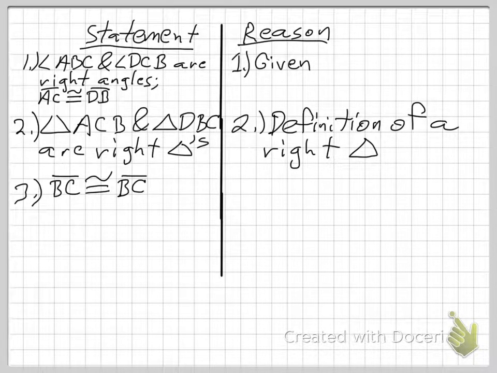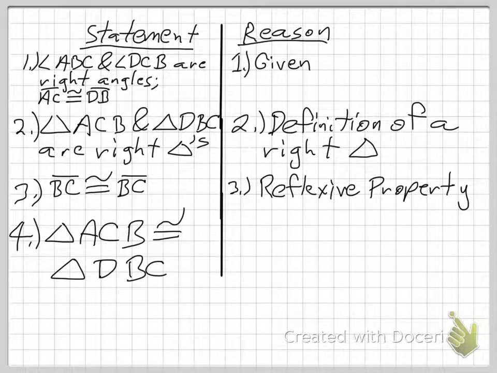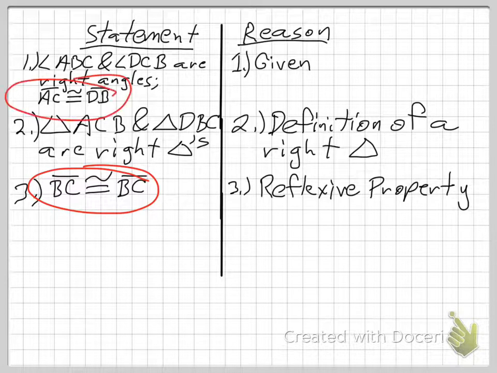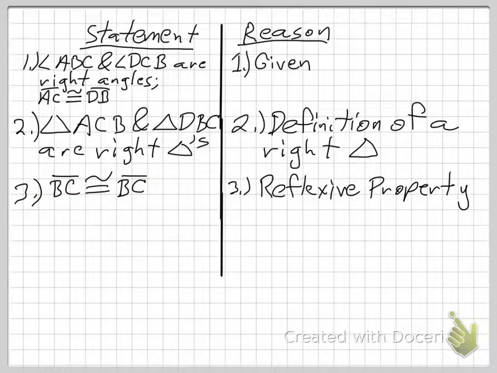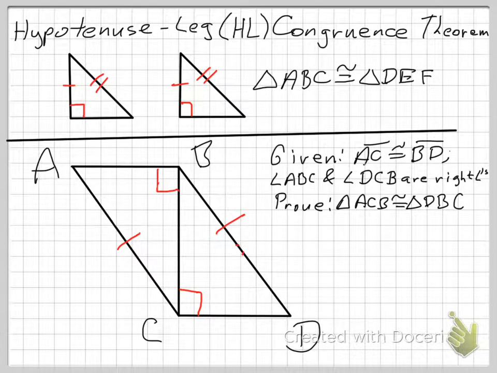So we have BC is congruent to BC by the reflexive property. And we also have AC is congruent to DB. And if you go back to the figure here, we can see that we have AC is congruent to BD, and that's given.